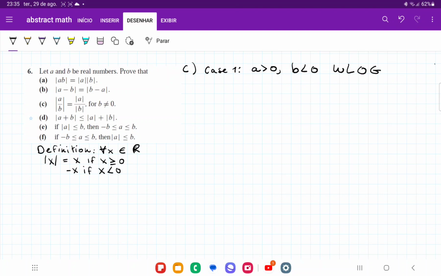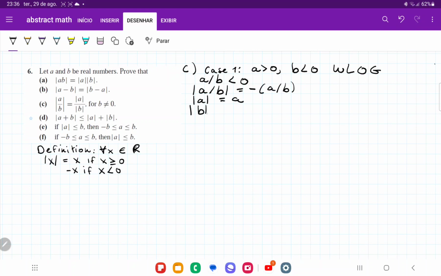So if we have here that A is positive and B is negative, then when we go A divided by B, that's going to be negative, right? Because we have a positive over a negative. So because this is negative, the absolute value of A over B is going to be equal to minus A over B. And so we have shown this. Now let's go to the absolute value of A, which is just A because it's positive.